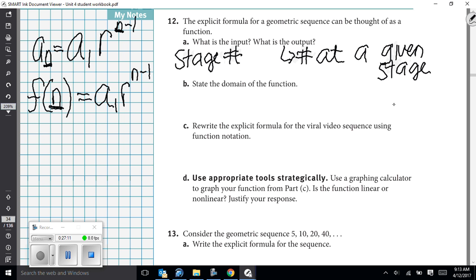Can we go back before our starting point, or do we have a specific starting point? If we're looking at this viral video, we can't go back and look at before the video, because it didn't exist then. So we can only go forward. What's our starting stage number? 1. So if we're looking at our domain, we have to start at 1.